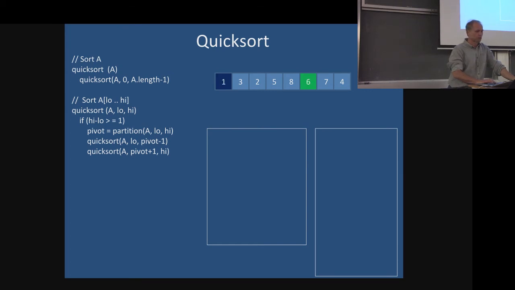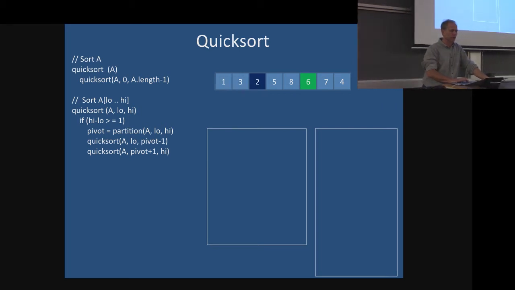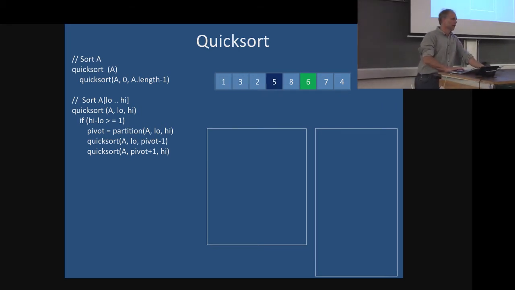We swap them, and then we continue scanning. So now we're looking for something bigger than 4. That is. Then we scan left, looking for something smaller than 4. We find it. Now, at this point, when the scans have crossed, we know that the partitioning is over, and instead of swapping 5 and 2, we swap 5 and 4. We swap that 5 with the pivot.